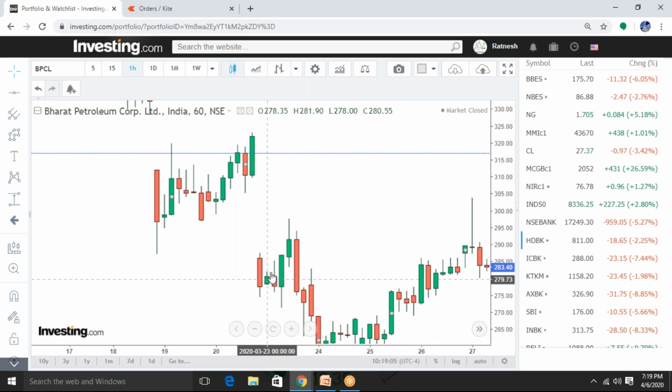Harami candle, confirmation candle, and the next day it gave good profits, almost 9 to 10 rupees.